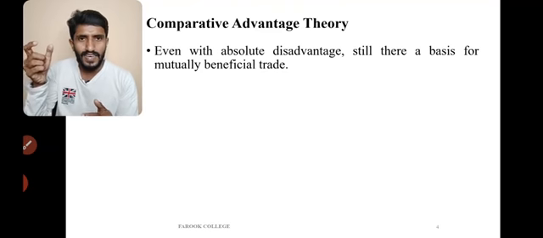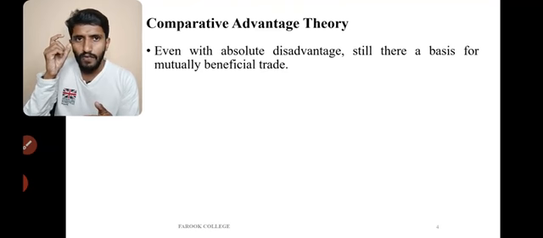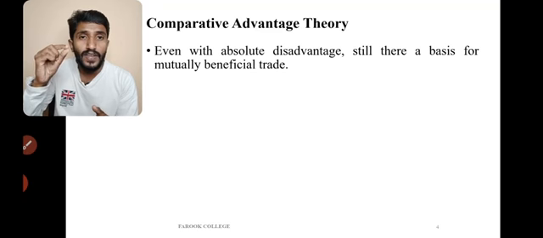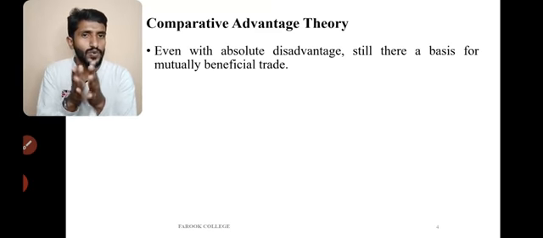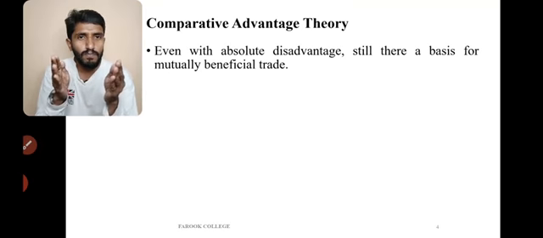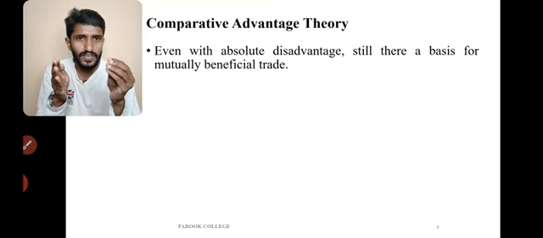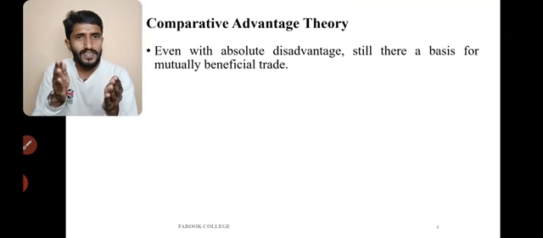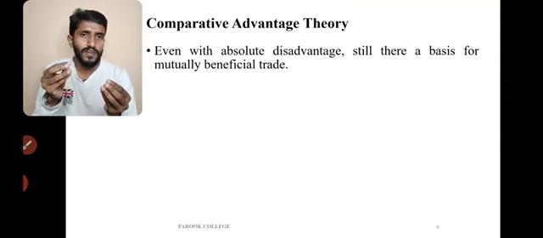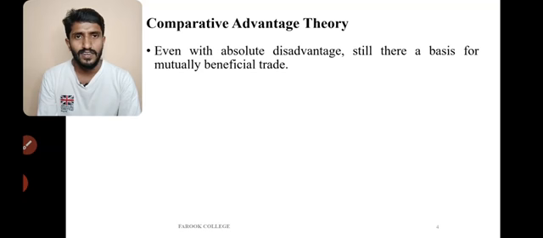In Adam Smith's analysis, we have seen that there is a possibility of trade if there is an absolute advantage in producing commodities, in a two-nation approach. If both nations have an absolute advantage in producing any of the commodities, then there is a possibility of trade between these two countries. That was the analysis in Adam Smith.